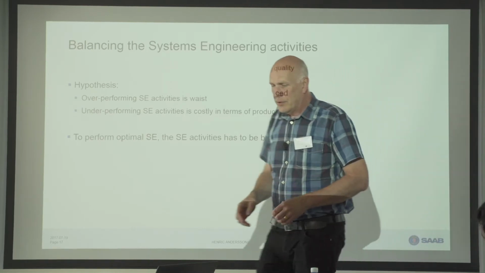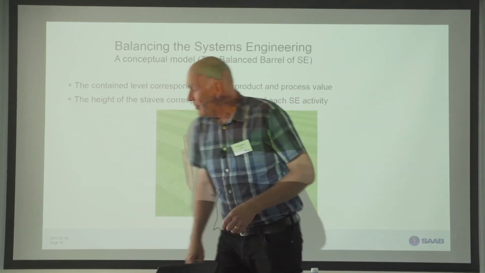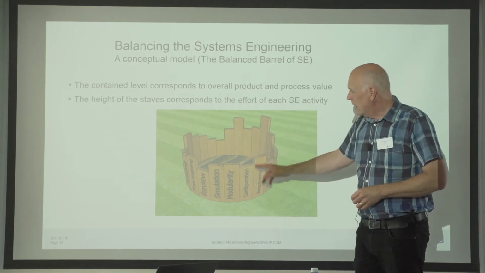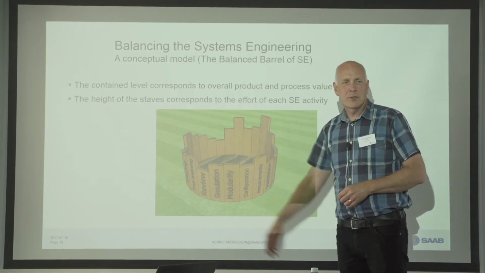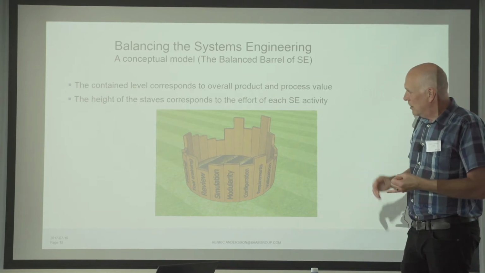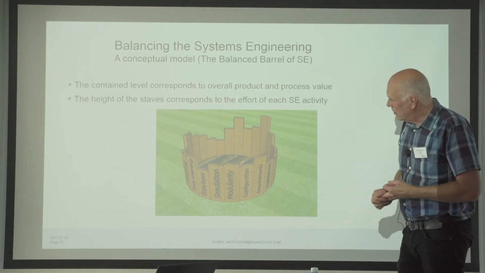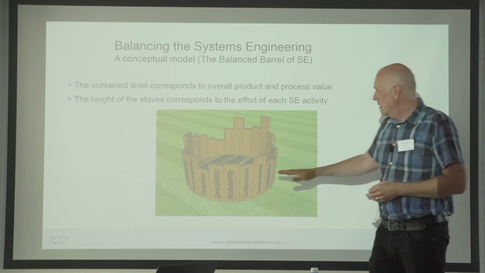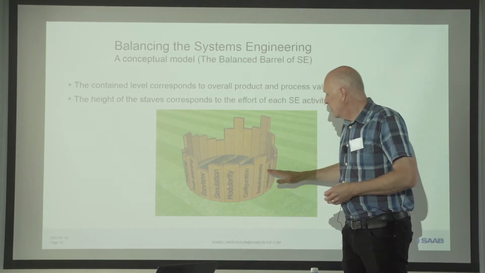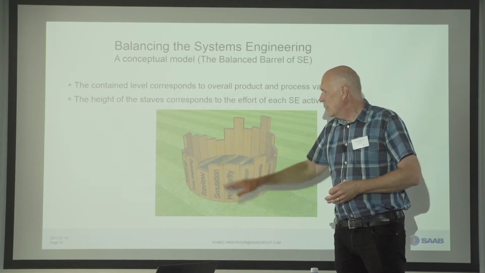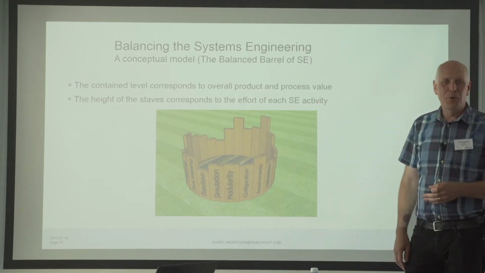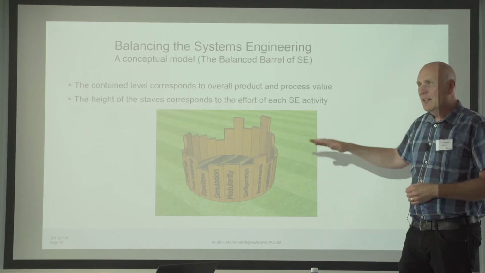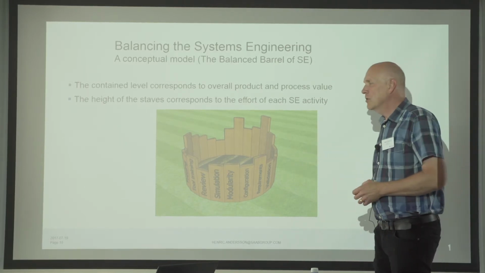So we have to perform this, and I have a kind of model for that also. It says that the different activities we can do in systems engineering, like simulation, we can review things, we can do tool training, requirements. It's the lowest stave here that allows us to fill water or wine or whatever we want in the barrel. And that is the performance of our system.